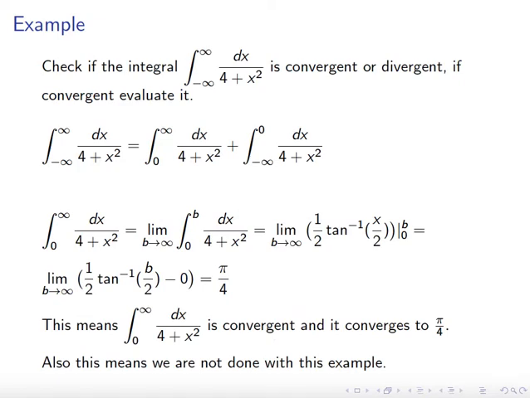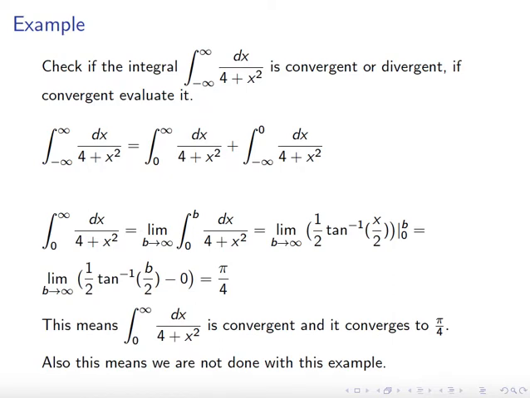Okay, so let's see another example. This time we want to check the integral from negative infinity to infinity of dx over 4 plus x squared. We want to check if this integral is convergent or not, and if it's convergent, we want to evaluate it.